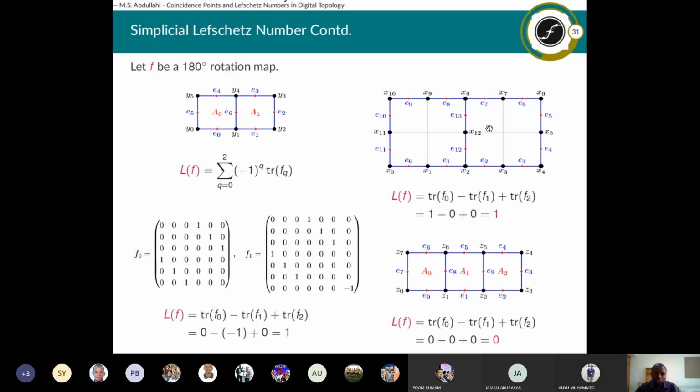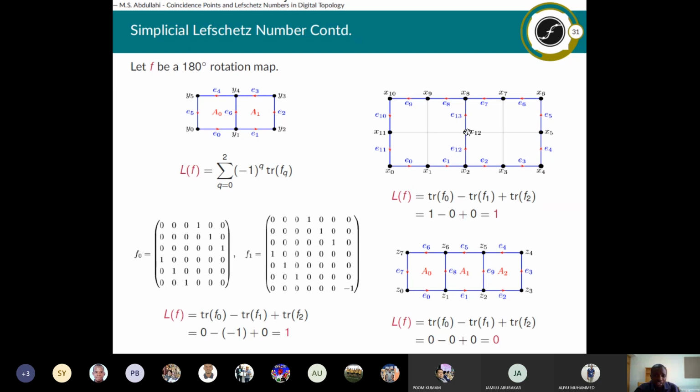If we do the same function, 180 rotation, we just rotate the image 180 degrees. When we do this rotation, all the other zero-dimensional ones will be fixed, except this x12.